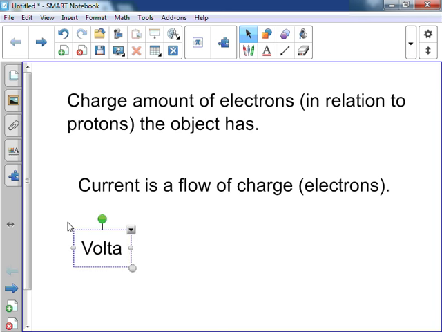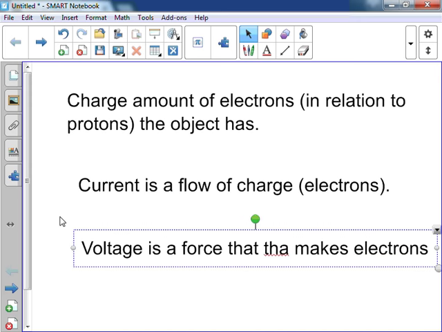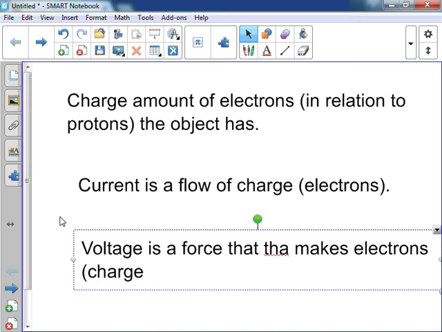So voltage is a force that makes electrons, or charge, if you will, flow, okay? Without voltage, electrons are not going anywhere. They're not going to flow. They're just going to sit there around the atom.